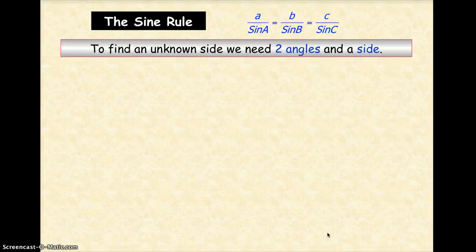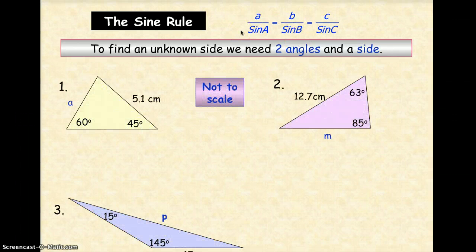Let's find the unknown side when you're given two angles and a side. You have the formula here on top to guide you. Here is the example. Given two angles and a side, you're looking for side A. Remember when I told you before that it should be the corresponding angle.